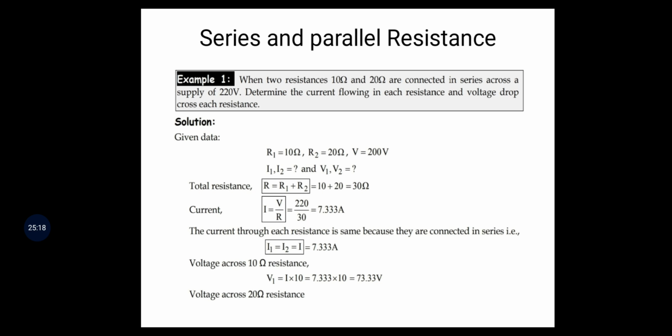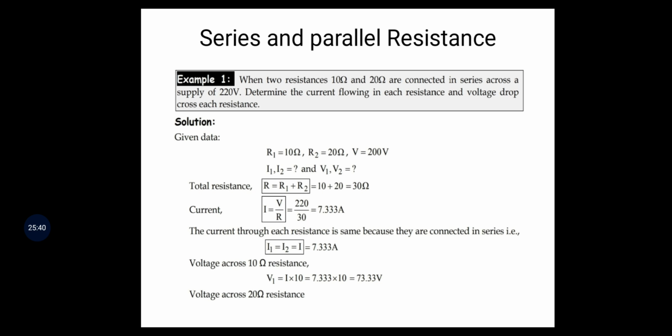So R1 equals 10 ohms, R2 equals 20 ohms, V equals 220 volts. We find the I1 and I2 values and the V1 and V2 values.